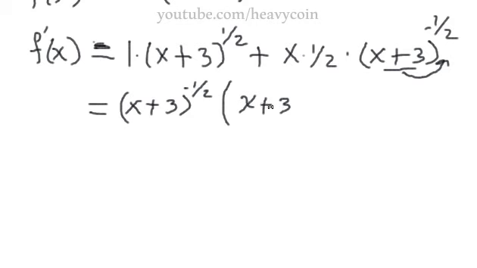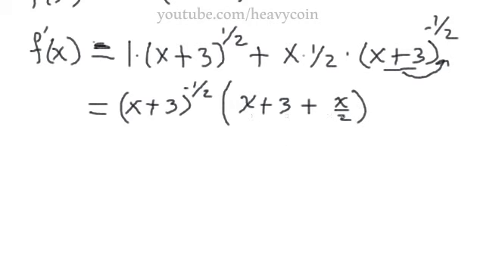When you multiply this back inside, you add exponents, so 1 minus a half gives us a half. Plus, we pulled this whole thing out, and we're left with x over 2.